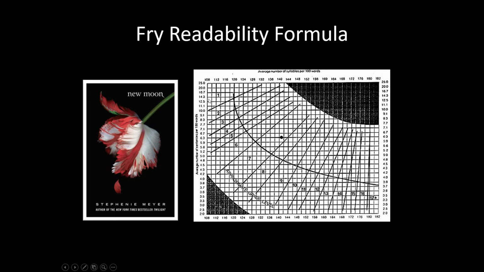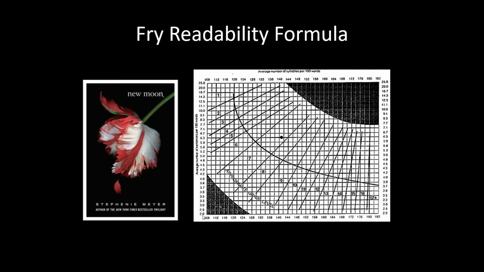The other criteria that we were looking at is the length of the sentence, or how many sentences are in that 100-word sample. So if we have a 100-word sample and we have 10 sentences, our sentences are rather short. If you have a 100-word sample and you only have 2 sentences in 100 words, well, those are long and complicated sentences.